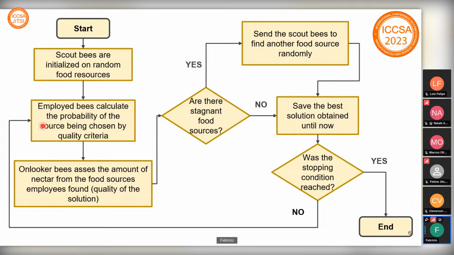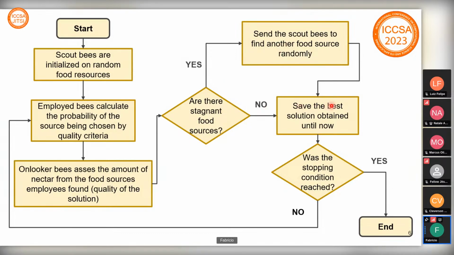The employed bees calculate the probability of a source being chosen by the quality criteria. The onlooker bees assess the amount of nectar from the food sources the other employed bees found, which is the quality of the solution. Then they check if there are some stagnant food sources. If there are, they have to send scout bees to find other food sources.